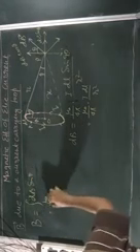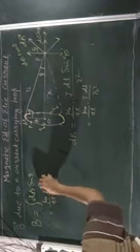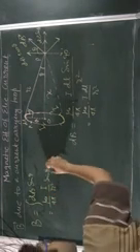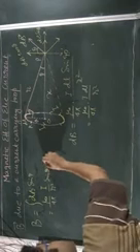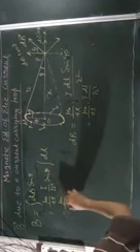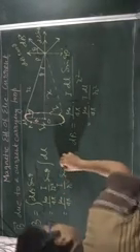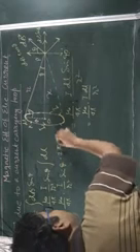So mu naught upon 4 pi, I by r square sine theta. All the constant components come outside and inside only there is dl. So considering the total loop, that dl is the total circumference of the loop, that is 2 pi a.